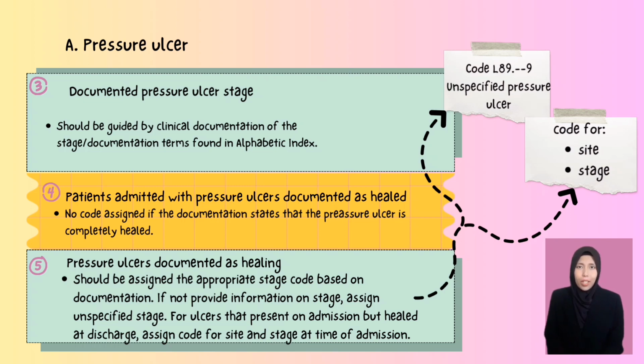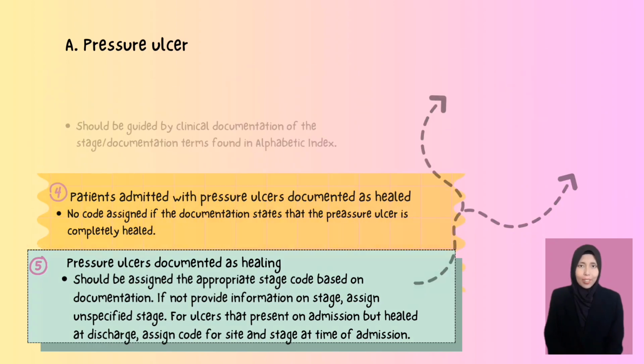If the documentation does not provide enough information about the stage, you should assign the code for unspecified stage. For pressure ulcers that were present on admission but healed at the time of discharge, the code for the site and stage of the pressure ulcer at the time of admission should be assigned.